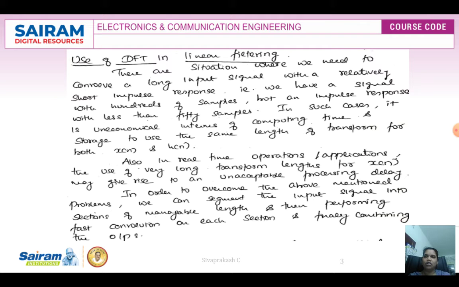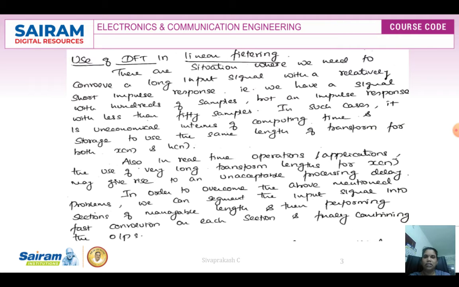As I told, we'll be using these linear filtering methods provided one sequence is of short duration whereas the other is of long duration, such as hundreds of samples. In such cases, it is uneconomical in terms of computing time and storage to use the same length of transform for both x of n and h of n.